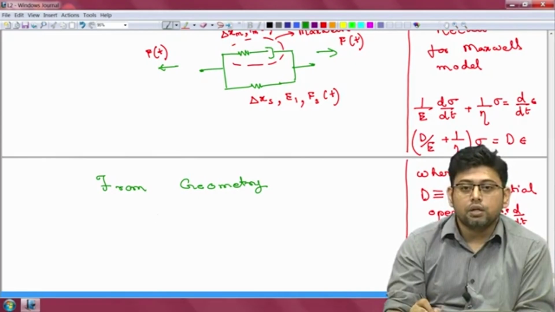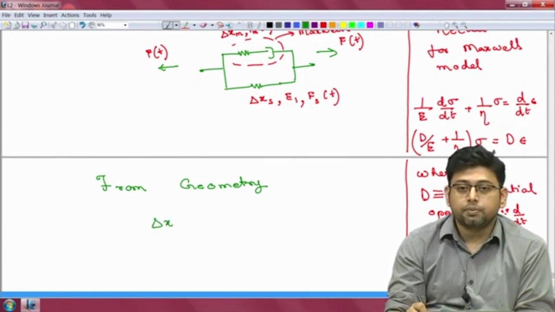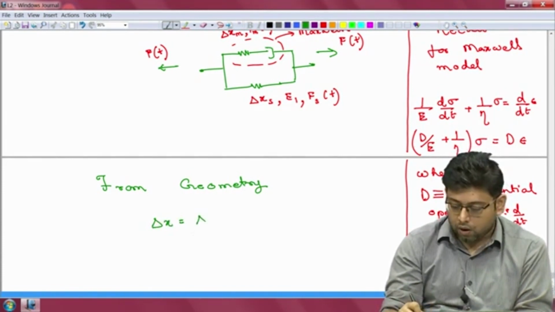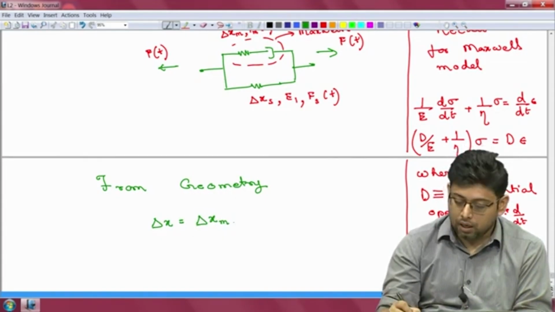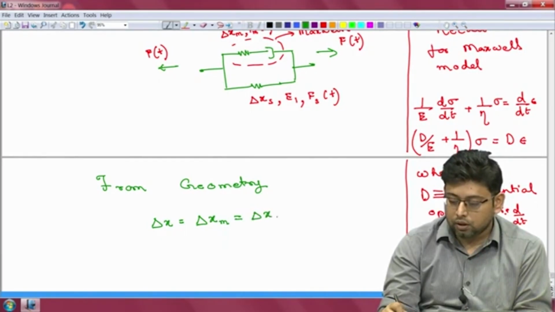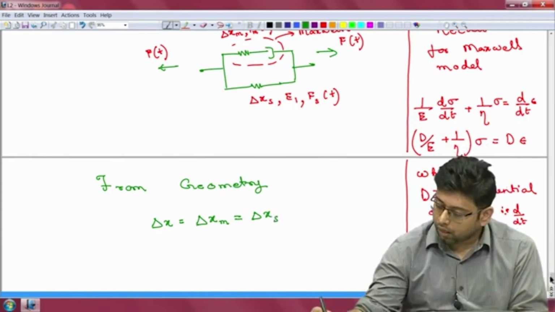So, if we denote the displacement of the system as delta x, then that displacement is equal to the displacement that is suffered by the Maxwell model, or we can say delta xm, because that is what we are using for the Maxwell model, and that is also equal to the displacement that is encountered by the spring. Right.